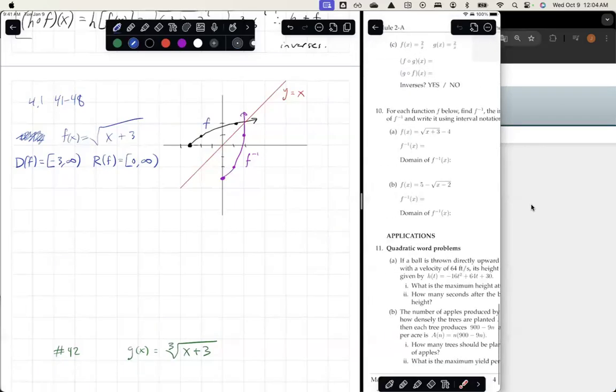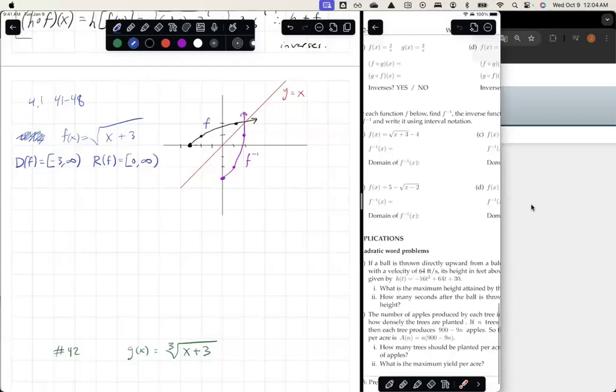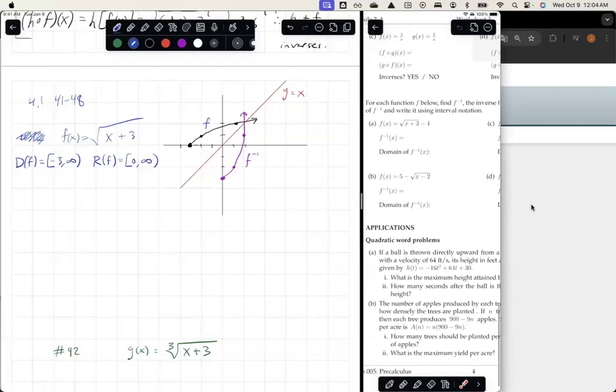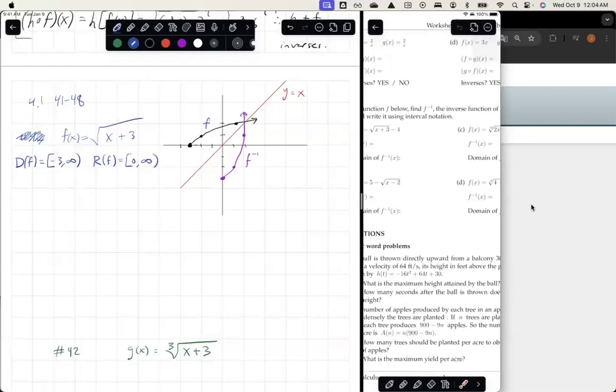So, problem number 10 asks us to find the inverse, f inverse. Okay, so there are just a couple of steps to do this. So let me go ahead and write my function again. So here we'll start the problem. F of x equals the square root of x plus 3. The first step is to let y take the place of f of x.